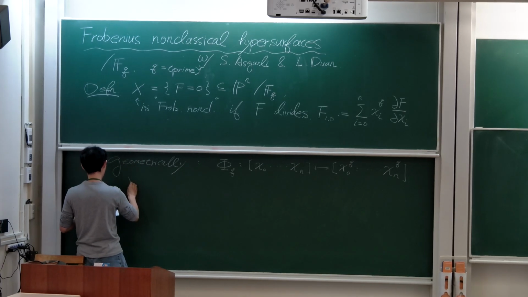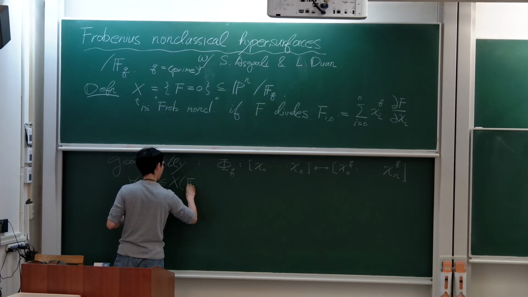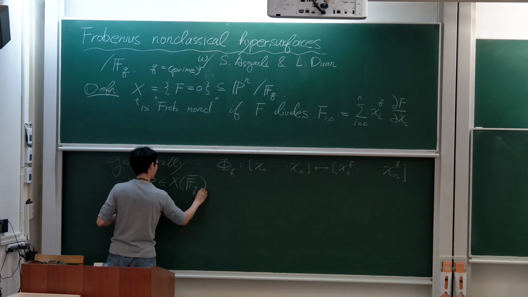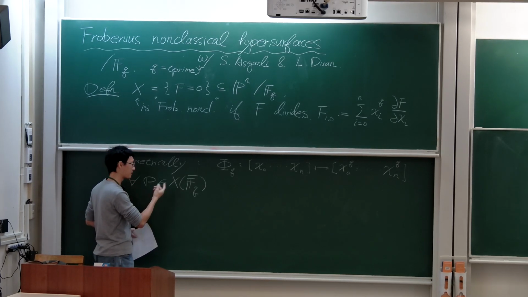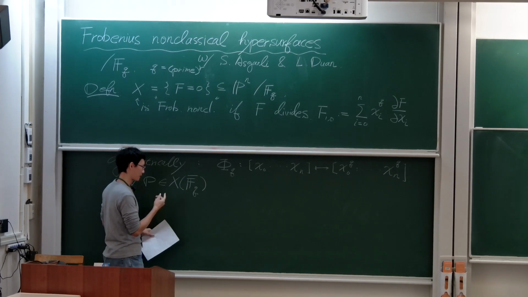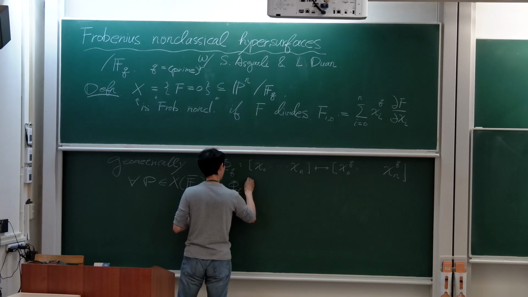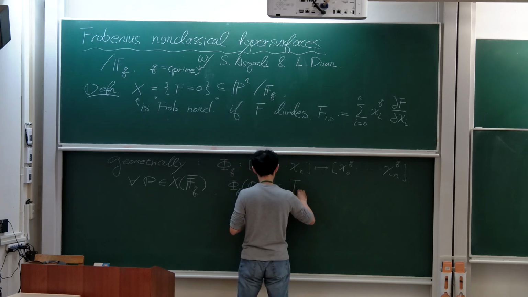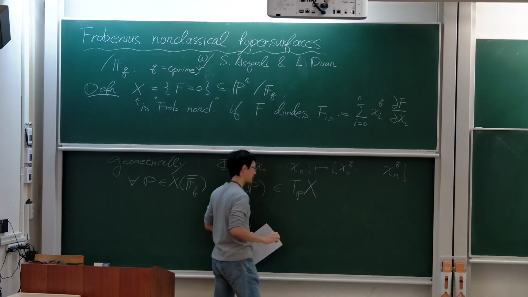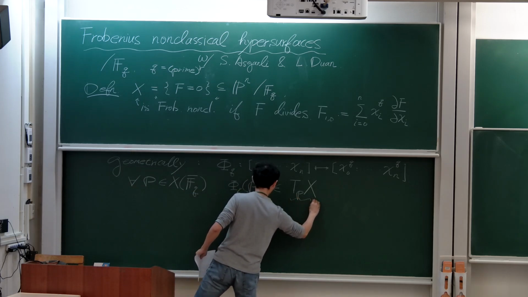Geometrically, this condition means that for every point P on the hypersurface, and here a point doesn't need to be defined over the ground field, you can take it to be a point defined over the algebraic closure, so for every geometric point, its image under this action, which is still a point on the same hypersurface, lies on the embedded tangent space to X at P. Here, let me make the notation more clear.